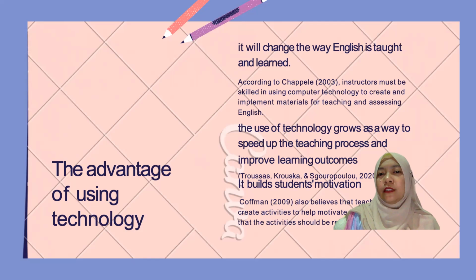The use of technology grows as a way to speed up the teaching process and improve learning outcomes. Talking about improving learning outcomes, in this article we'll focus on some courses, whether it is used online or offline.